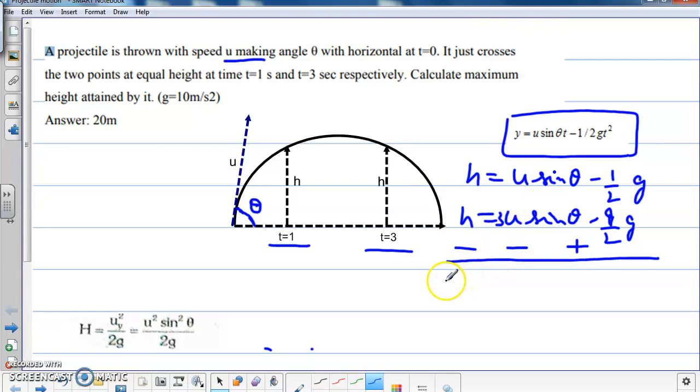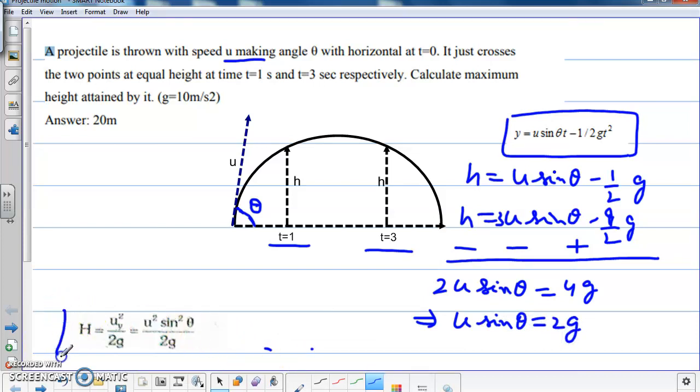3u sin theta minus u sin theta is 2u sin theta is equal to 4g. This implies u sin theta is equal to 2g.